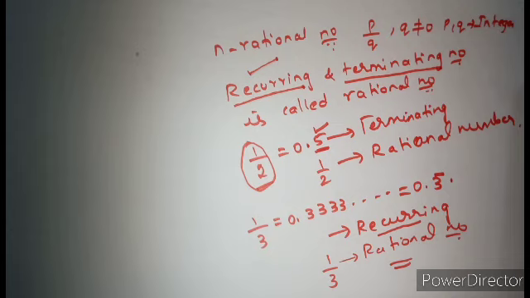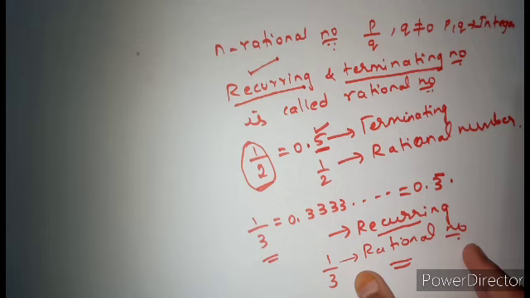Here 1 by 2 is terminating, so it is satisfying the terminating property, and it is a rational number. Here 1 by 3 is repeating, so it is satisfying the recurring property, and it is a rational number. So this is about rational numbers.